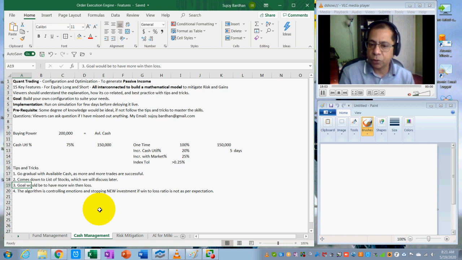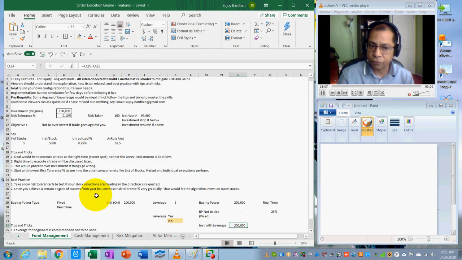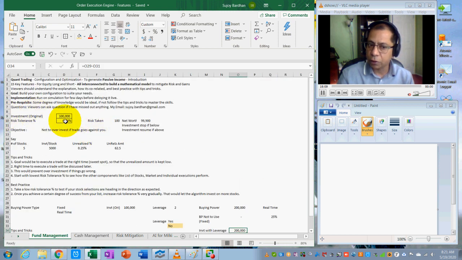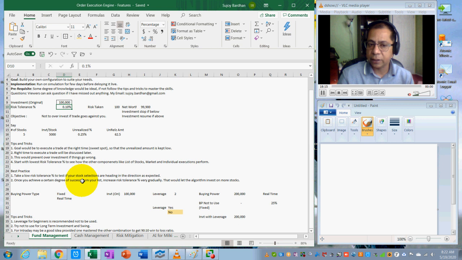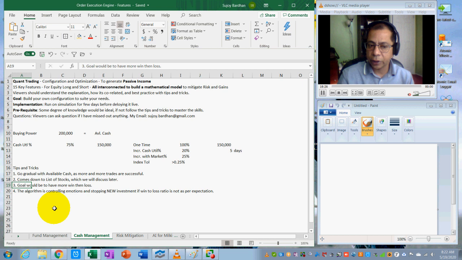So that way, if I come back to the fund management part of it, you are controlling your risk tolerance, which is what I spoke about in that video. And as you master that skill of getting the right stocks at the right time, and trading with the sweet spots which I'm talking about, at that point you can slow down and increase your cash utilization.